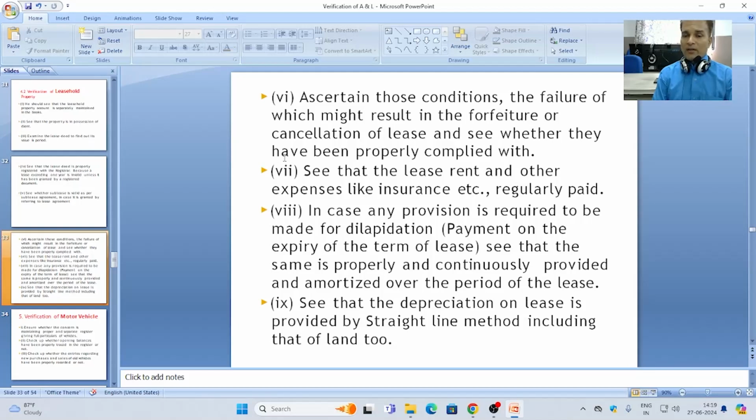In case any provision is required to be made for dilapidation, see that the same is properly and continuously provided and amortized over the period of the lease. The auditor has to see that the depreciation on lease is provided by the straight line method, including that of land too.